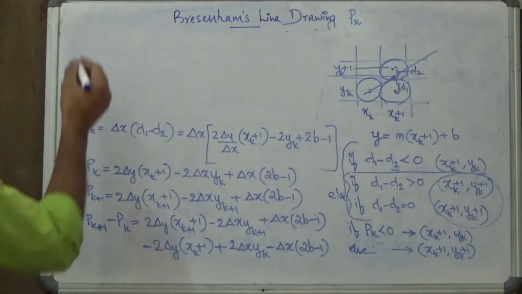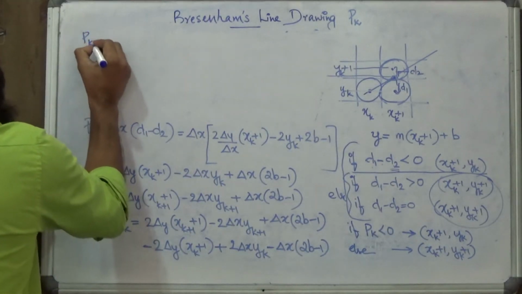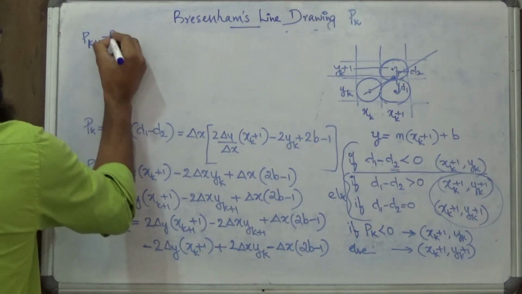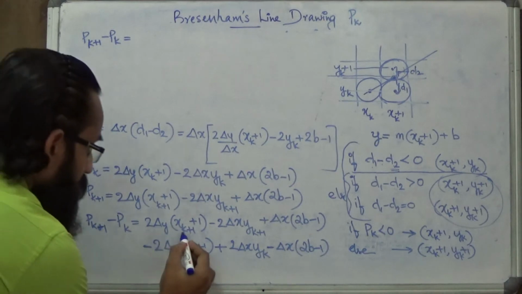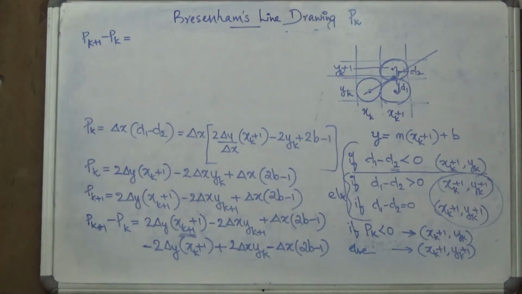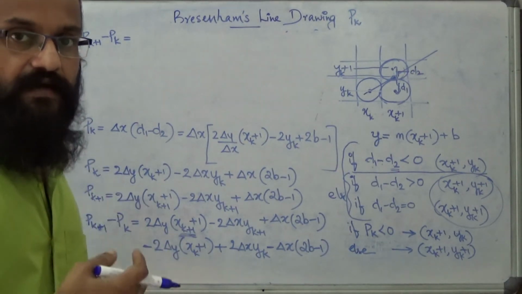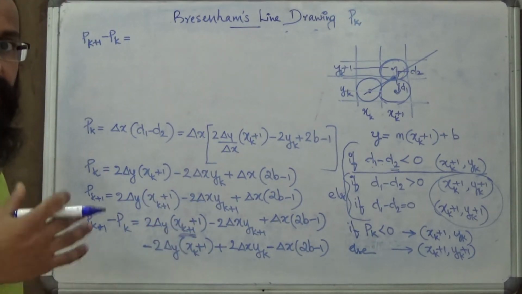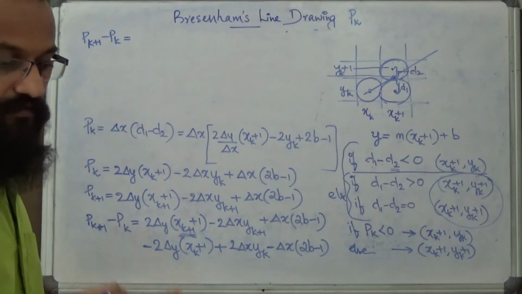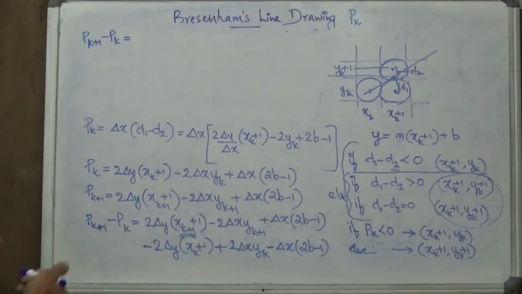Now, this will be equal to, so what about xk+1? As I said earlier, since we are sampling exact unit intervals, xk+1 will be xk plus 1. So you have to increment x by 1.